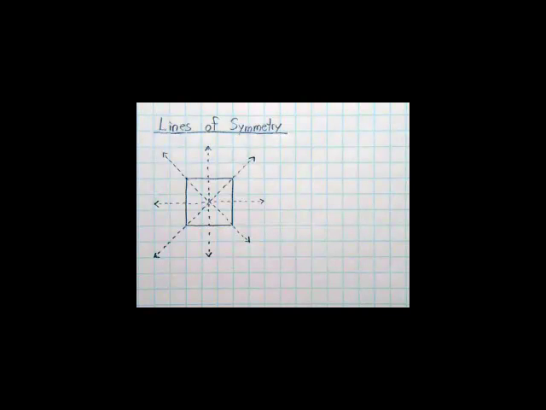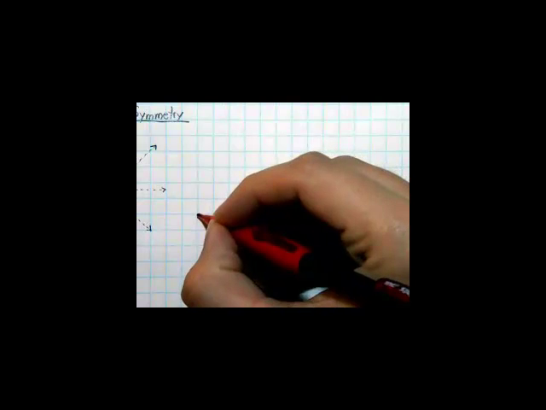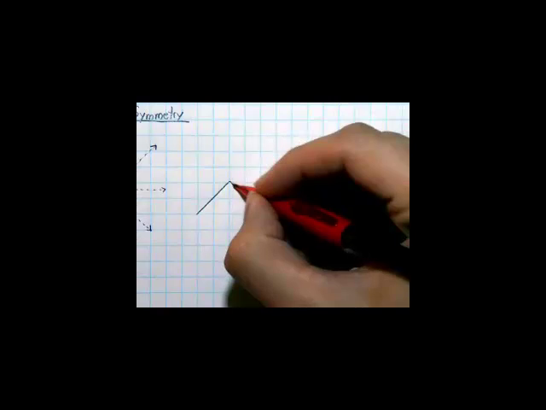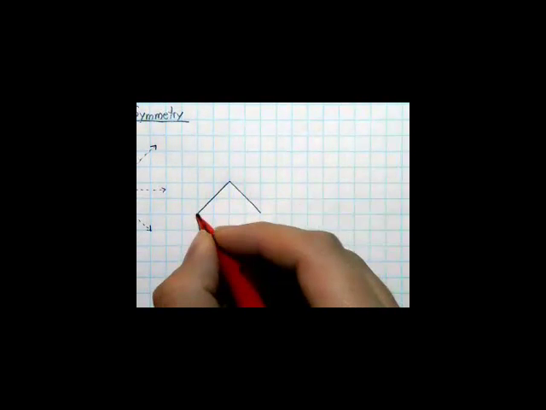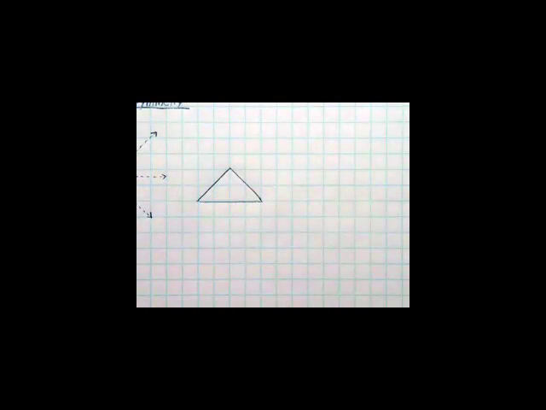There's 4 of them. Okay. All right. Let's try. Okay. How about that triangle? How many should that one have? Yeah. Just 1. Yep.